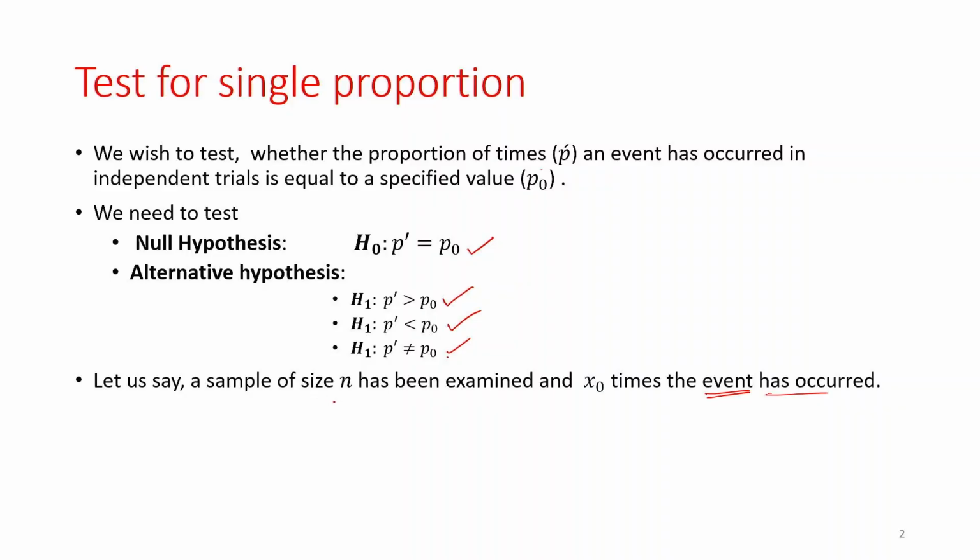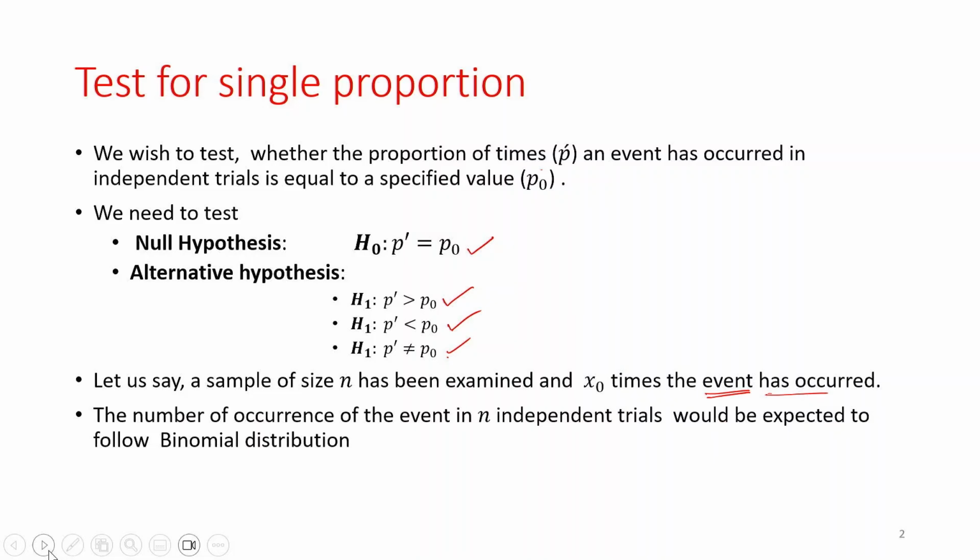So let us say that a sample of size n has been examined and x0 times the event has occurred. The number of occurrences of the event in n independent trials would be expected to follow binomial distribution. You have to look back at the binomial distribution which we have discussed earlier. This is a very fit case of applying binomial distribution.